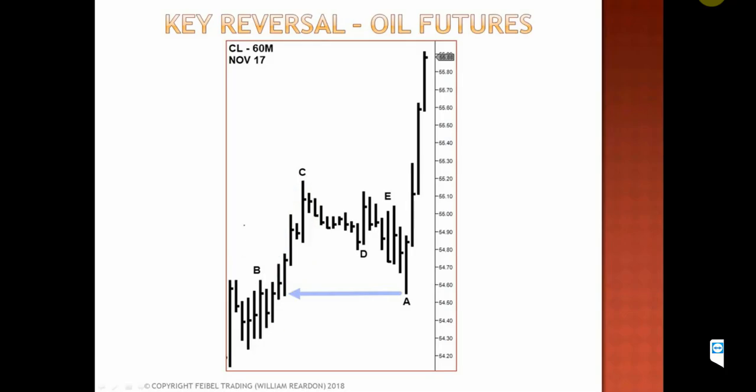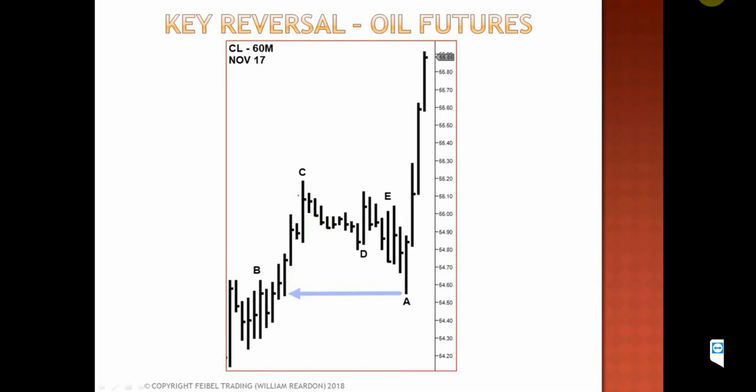Then as we react from C to D, what do we note? Spreads narrow. Little mini up bars, close off the lows. There's no real selling of good quality. So we have this buying behind us, then this selling of poor quality.